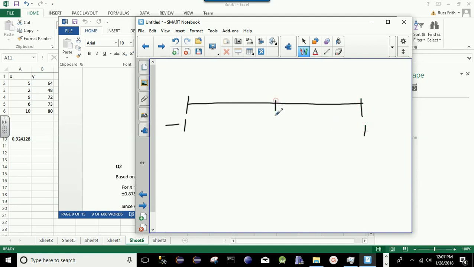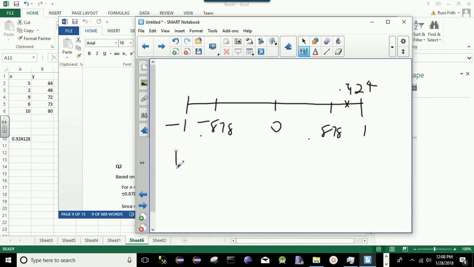The critical values are plus or minus 0.878. Your test correlation coefficient is 0.924, which is here.